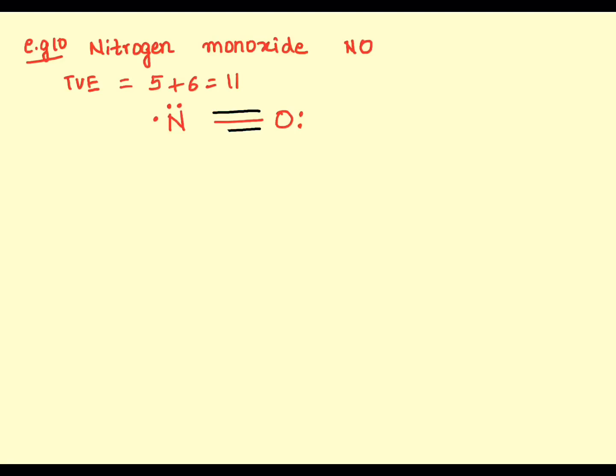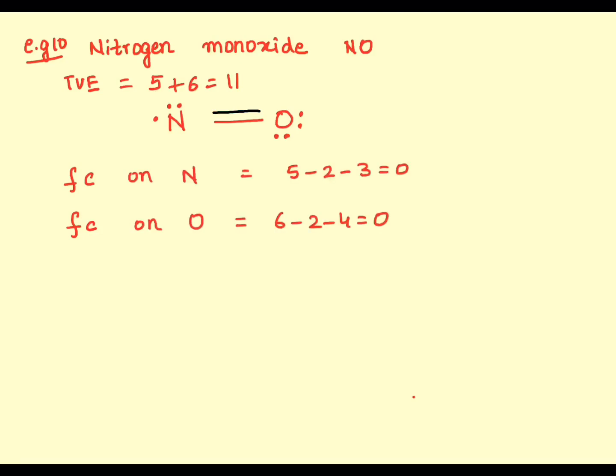Not done, boss. We cannot take that much risk because nitrogen is a small atom. So, my electrons go back to where they were on oxygen. So, what do we need to do now? We need to check the formal charge on oxygen and formal charge on nitrogen.